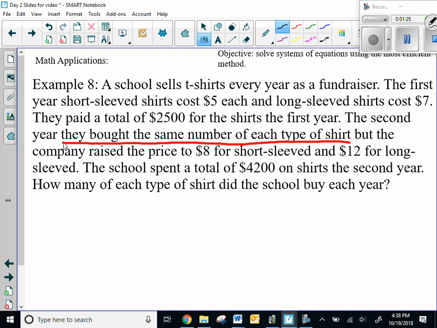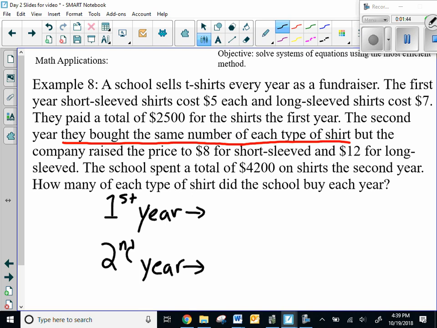So, just like yesterday, you want to figure out, all right, what are the two situations we're dealing with here? And here it's pretty clear. It's first year and the second year. And so these are the two equations we're going to need to write. So the first year, each short sleeve shirt cost $5.